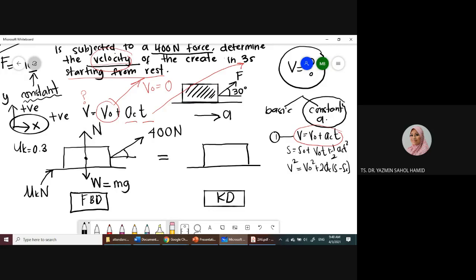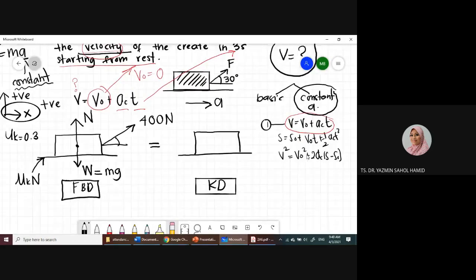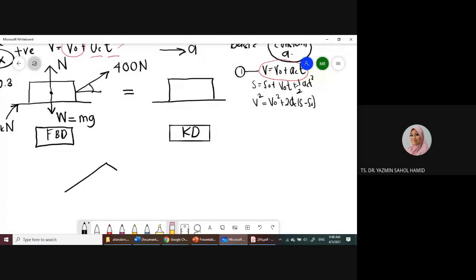If you notice in the tutorials or in the examples, and also the example I gave you as a video to watch, you will notice that the crate can be in many positions, like in a slanting mode, like this.